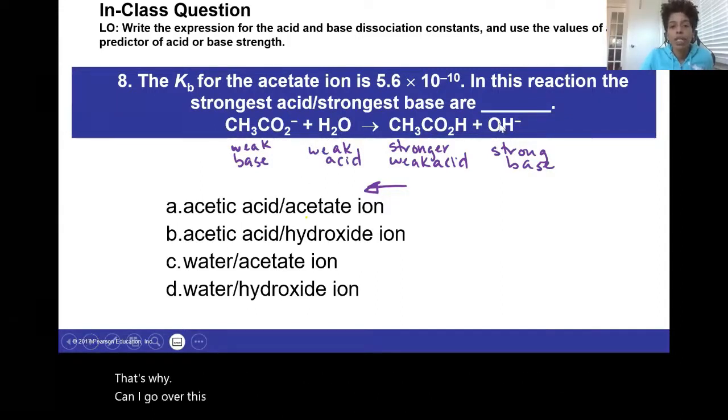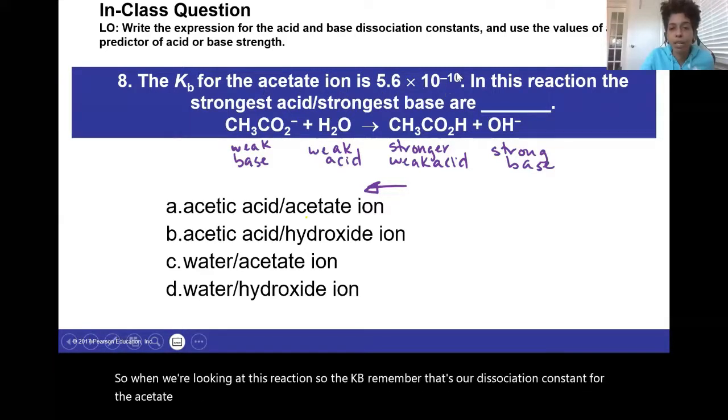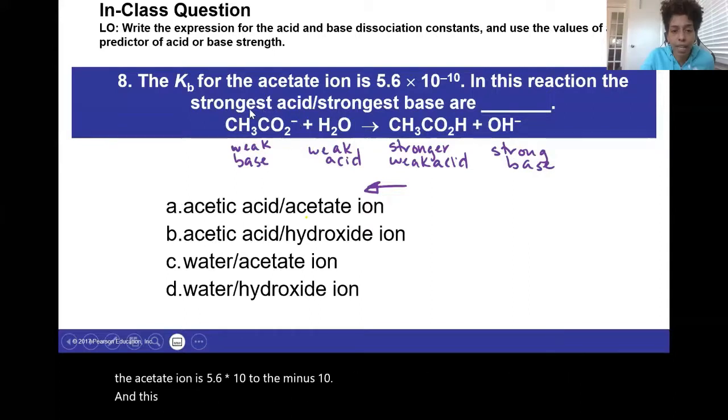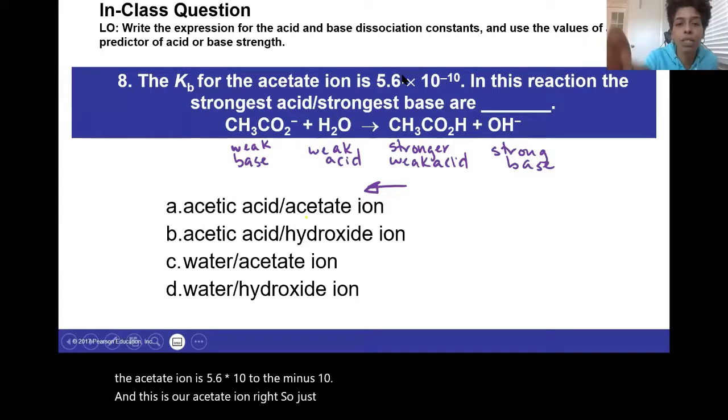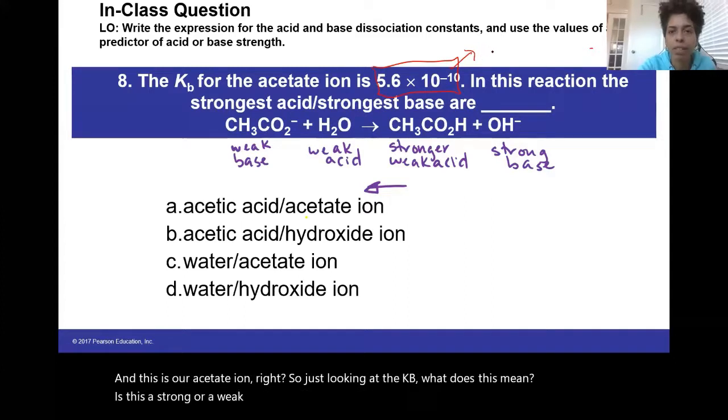All right. So when we're looking at this reaction, the Kb, remember that's our dissociation constant for the acetate ion, is 5.6 times 10 to the minus 10. And this is our acetate ion, right? So just looking at the Kb, what does this mean? Is this a strong or a weak acid? I mean, base, sorry.